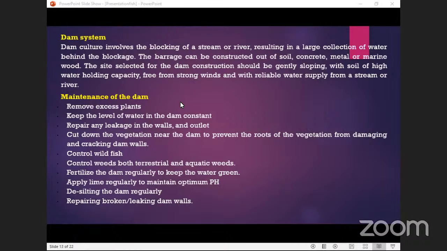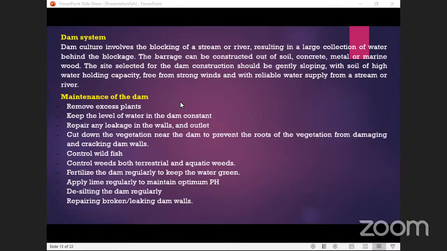Control weeds, both terrestrial and aquatic weeds. The weeds which are on top of the ground, and then those that grow in water. Control them to allow proper usage of oxygen. When weeds grow in large numbers, they compete for oxygen, and this may lead to death of fish due to lack of oxygen.